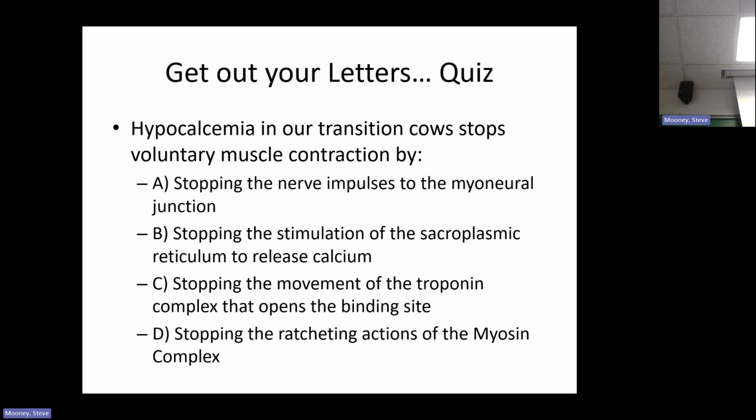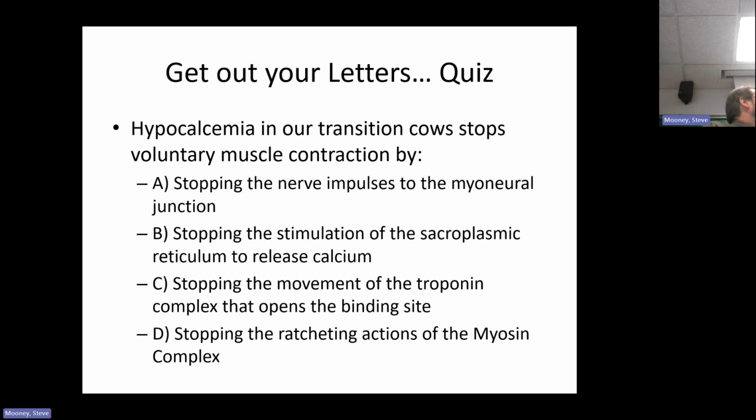Why does she go down? Why can't she stand up anymore? We've got no calcium. What's the problem? We're looking at C is what doesn't happen anymore. There's still stimulation to the sarcoplasmic reticulum or T-tubules to release the calcium, but there's no calcium there to be released.